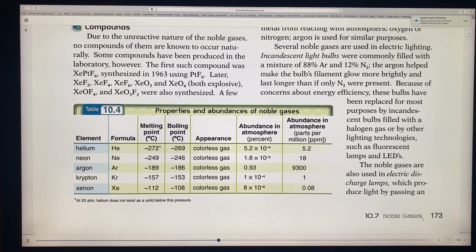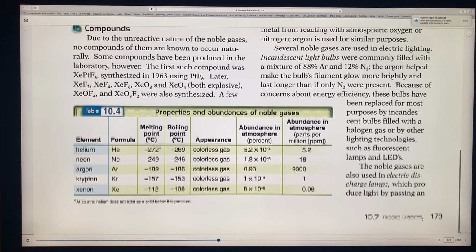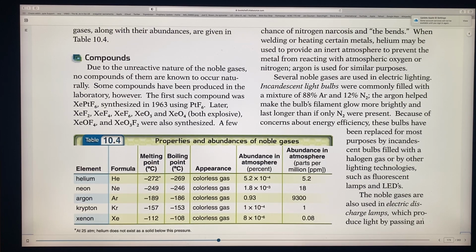Due to their unreactive nature, no compounds occur naturally. They found and made compounds, especially of xenon, as you see later on, but they were all manufactured in the laboratory. None occur in nature. The first compound they manufactured was xenon PtF6, synthesized in 1963.